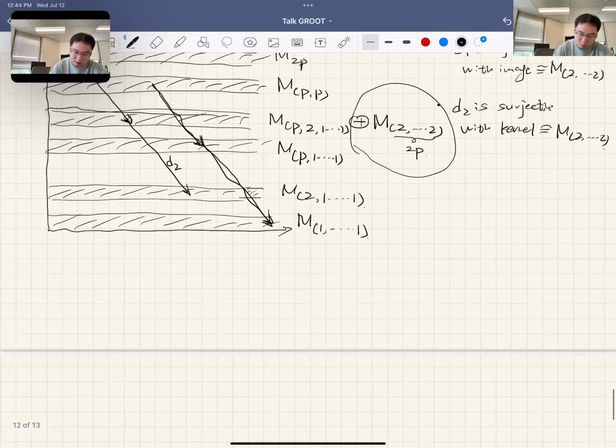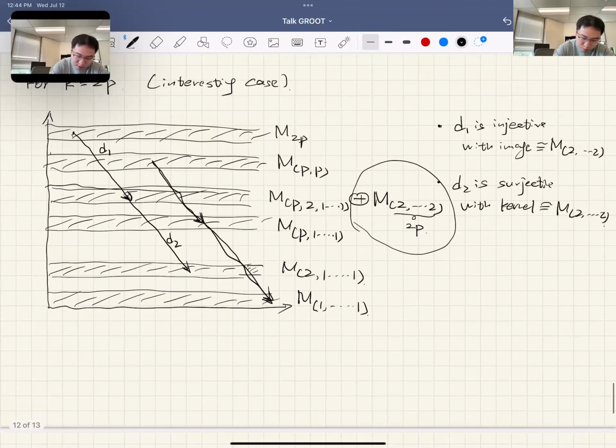So what happens when the starting point of D1 is 0? If we are looking at the second quadrant, the starting point of D1 is in the second quadrant, then we only have the map from here to here. So we only have D2, right? And we don't have D1 coming into the spectral sequence.